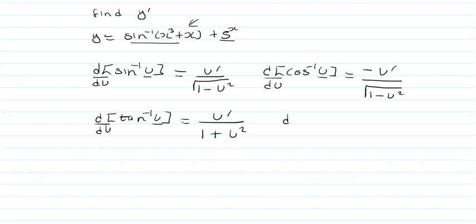Then when you differentiate cot inverse of u, it's going to carry the same form. The only difference again here is a negative. So you differentiate u, you get u prime, don't forget the negative, over 1 plus u squared.